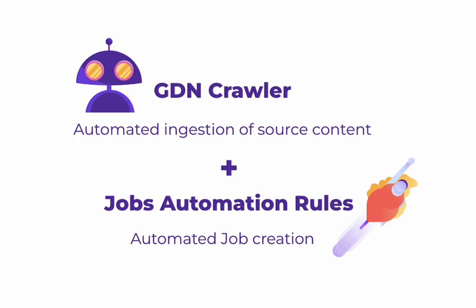To fully automate the entire process of ingesting the content from the pages that you would like to translate and then bundling them up into a job, we would recommend using Jobs automation rules in conjunction with the GDN Crawler. So before creating a Jobs automation rule, you might also want to automate the process of browsing the relevant pages by setting up the GDN Crawler.